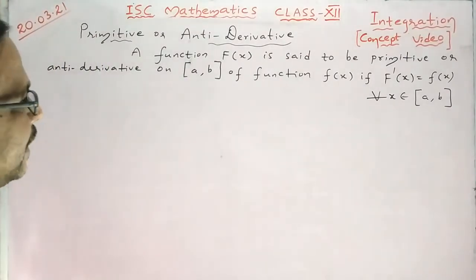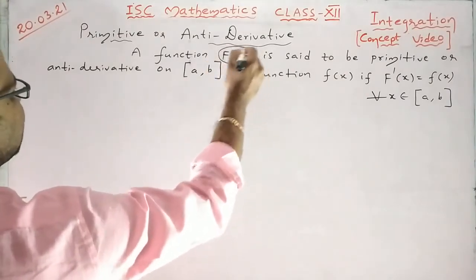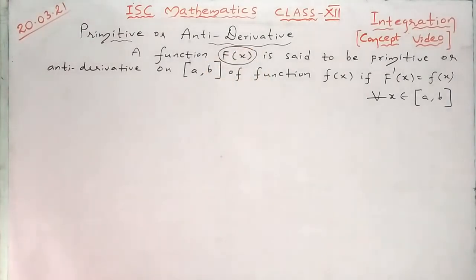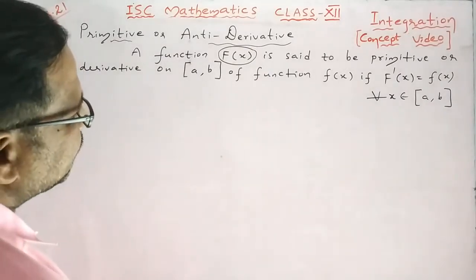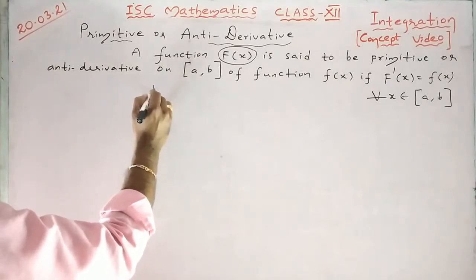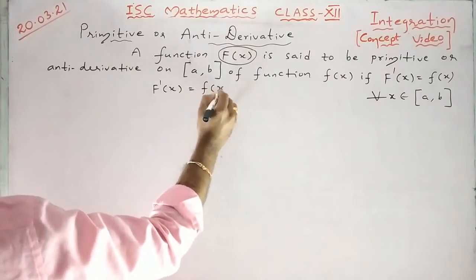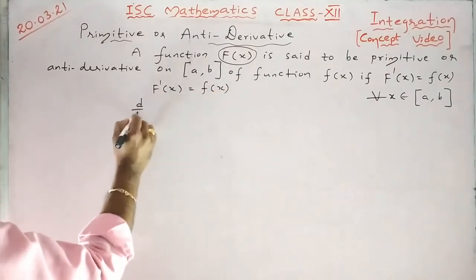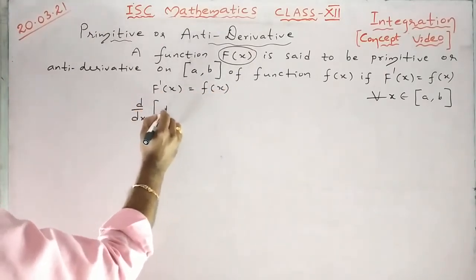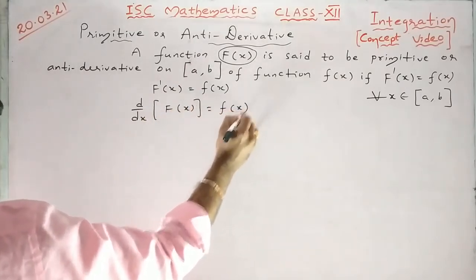If F dash x equal to f of x, then this capital F of x is called primitive or antiderivative of small f of x. What does it mean? F dash x equal to f of x can be written as d by dx of F of x equal to small f of x.